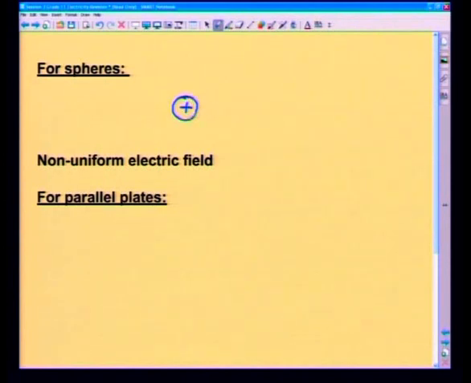If this is a positively charged sphere, we know that the positive point test charge that we're going to put in here is going to be repelled by this charge, and therefore it will be moving away from the charge. And because it moves away from the charge, we will take that as the direction of the field, and therefore we're going to have field lines drawn that way and have the direction of the field line shown like that. That is away from the charge.